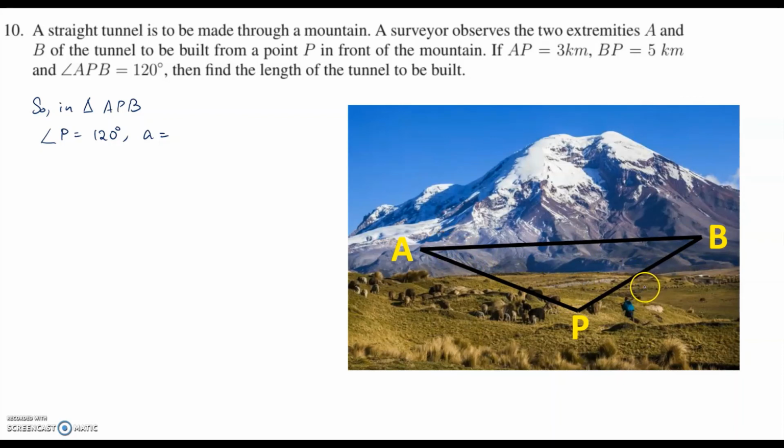So small a is equal to BP is 5 and small b is equal to 3. So what we need to find is AB squared.